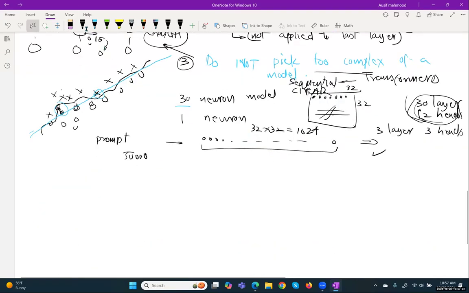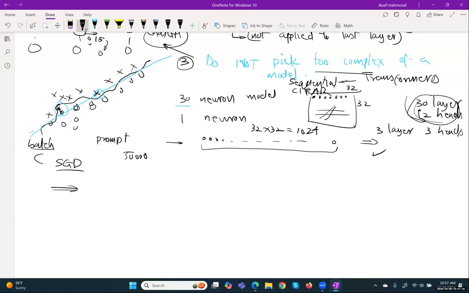Then we talked about how we can make our model a little bit better. One of the techniques was, because we are training our models using SGD, and that too on a batch, where we don't make a decision to update the weights and biases based on one training pair, but based on the average inside a batch.